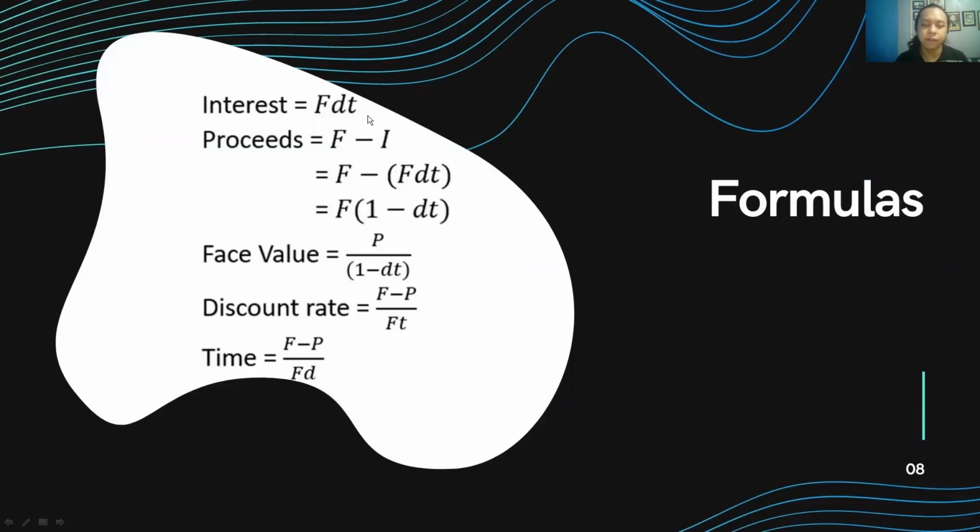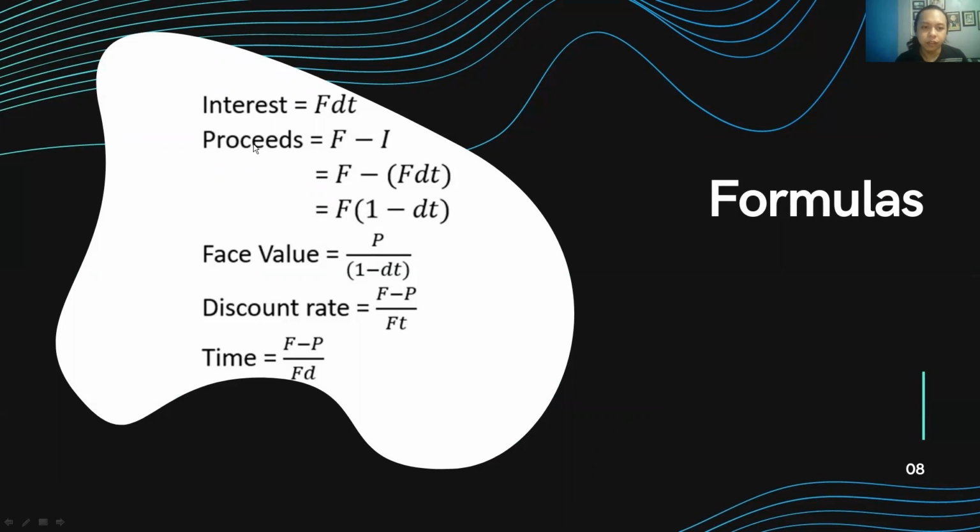Here are the formulas that we are going to use in computing. In finding the interest, we simply multiply the face value, the discount rate, and time.